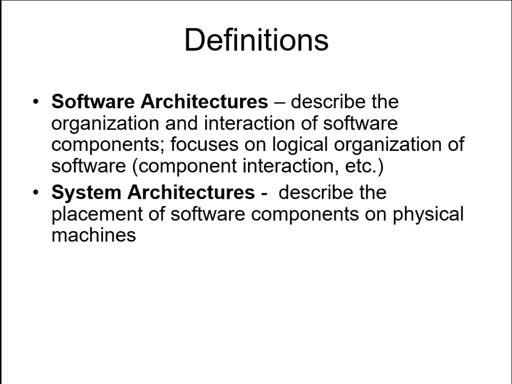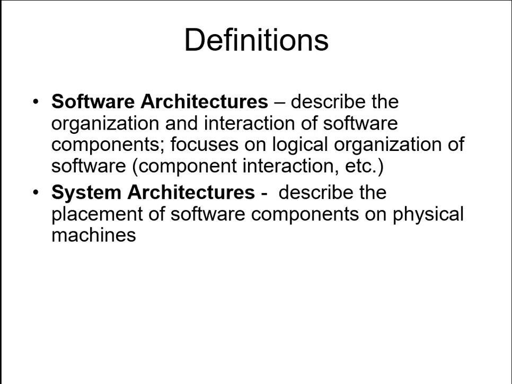So, software architecture basically focuses on the logical organization of the software, how different components interact with each other and with the user. In software architecture we also analyze how the system components are structured, in which manner the components are structured.